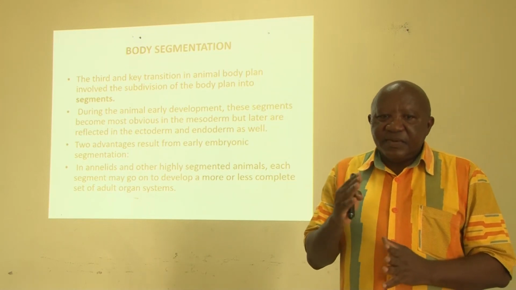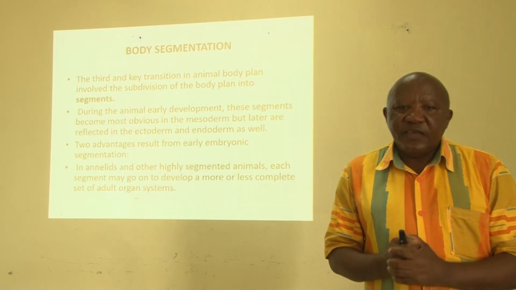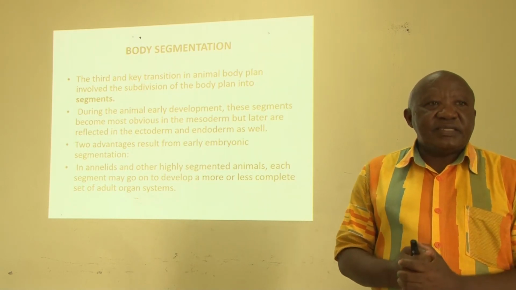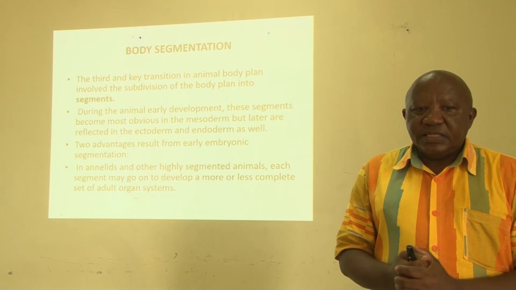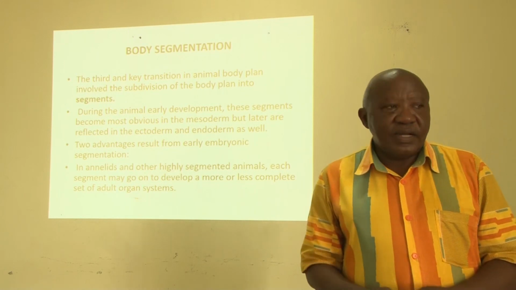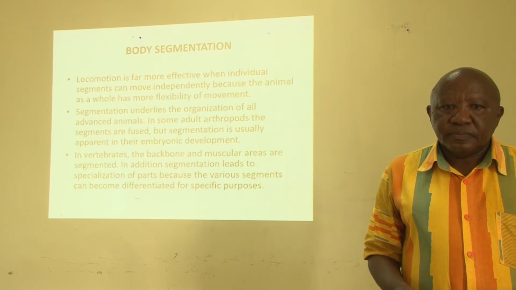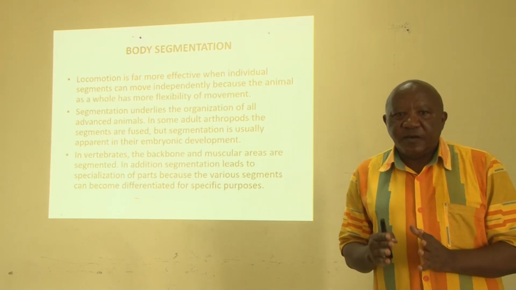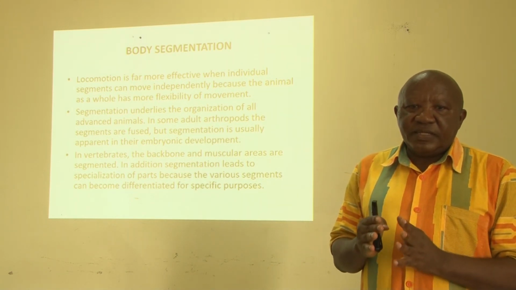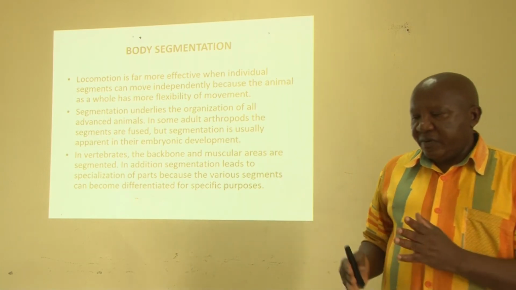Two advantages result from early embryonic segmentation. In annelids and other highly segmented animals, each segment may grow to develop a more or less complete set of adult organ systems. Also, locomotion is far more effective because individual segments can move independently, so the animal as a whole has more flexibility of movement.